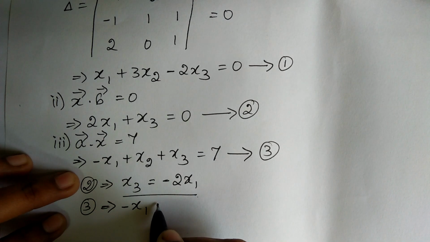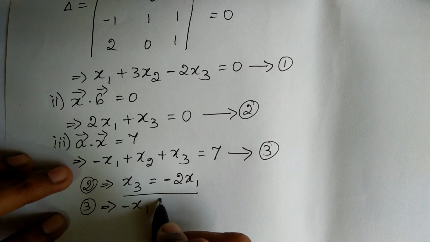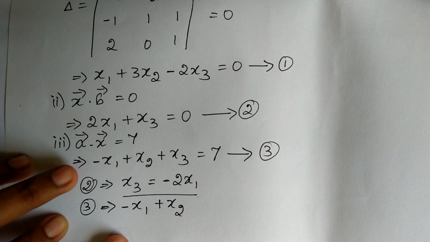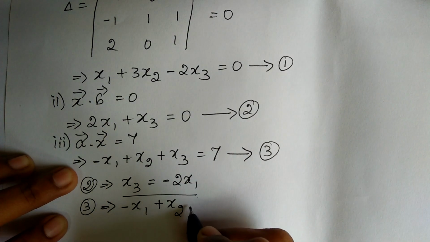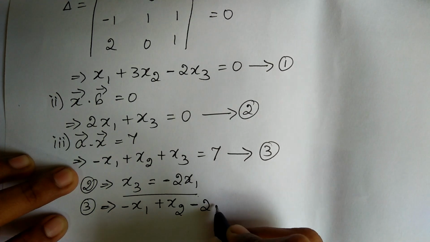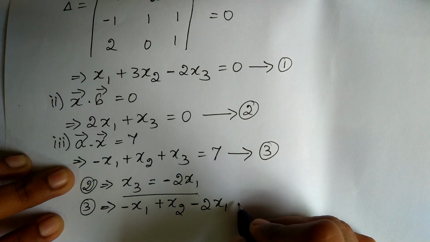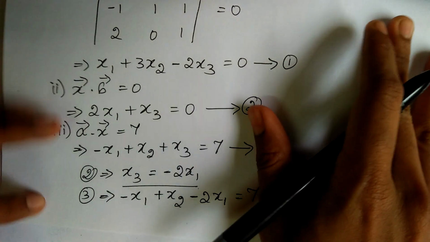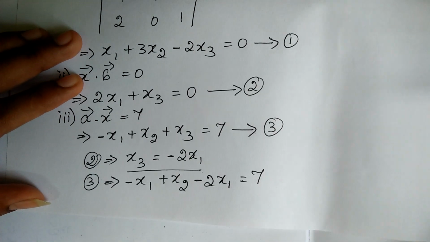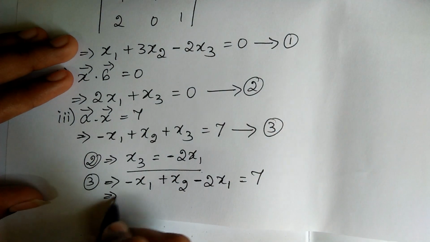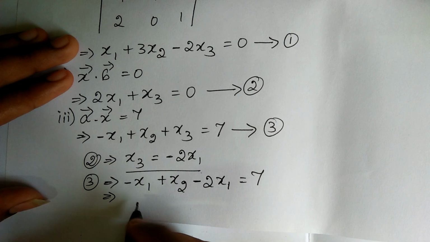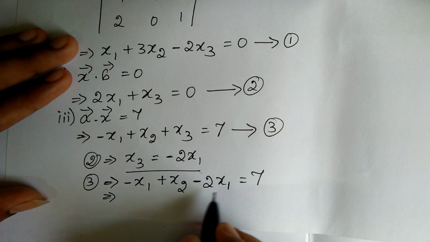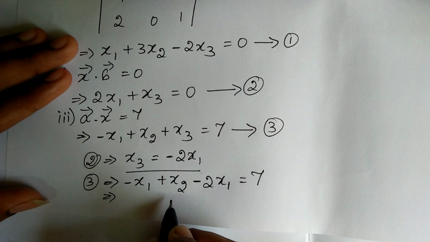Minus x1 plus x2 minus 2x1 is equal to 7, which gives x2 minus 3x1 is equal to 7.